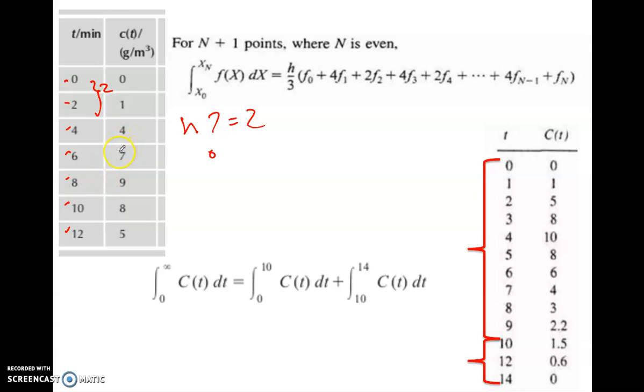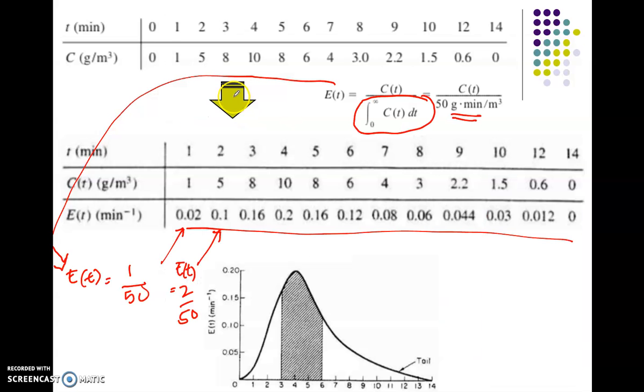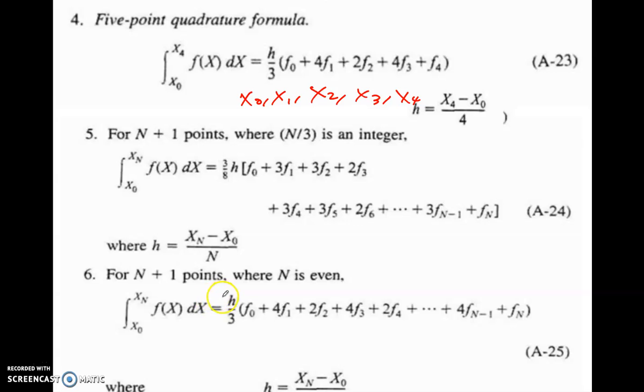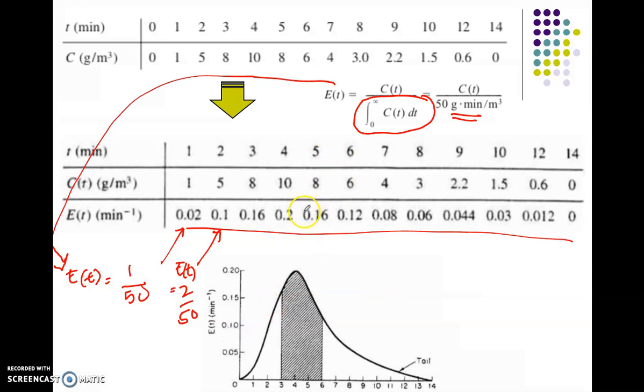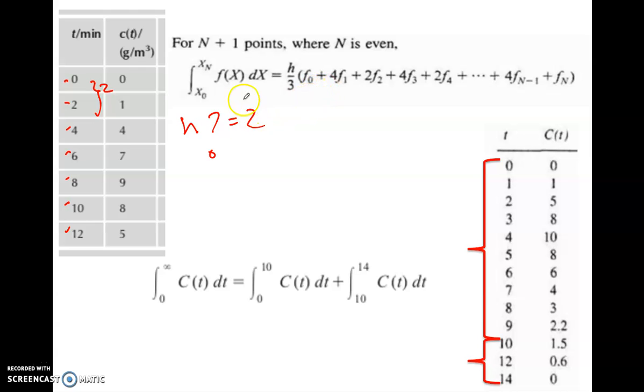You can choose either 5 points plus 2 points, or you can directly choose this one. In your book they choose this type of Simpson's rule. So you apply the formula, calculating from 0 to 12 the integral of CT dt.